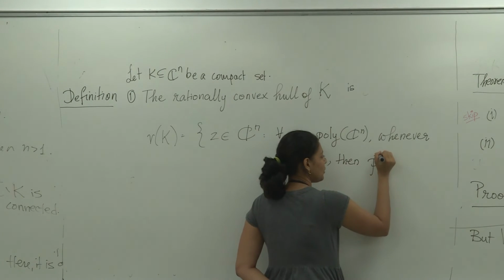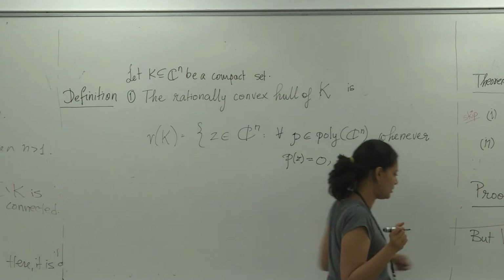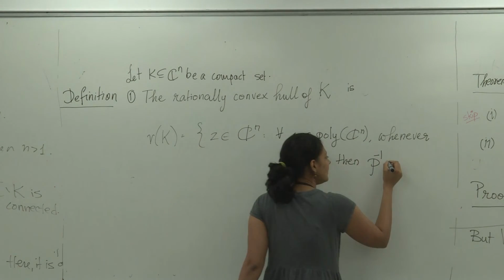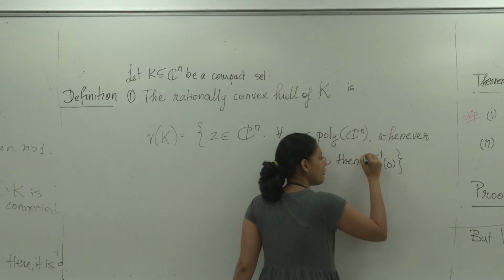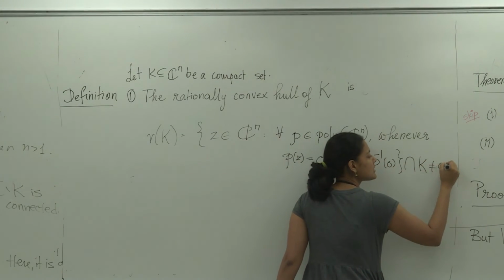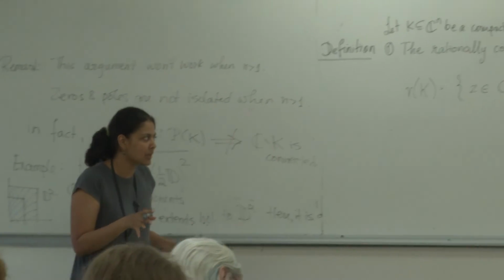P vanishes at this point Z, then P has to vanish somewhere on K. So this is maybe a little hard to digest, and I'm also not using the correct notation, so I'm looking at the zero set of P, and I'm saying that that must intersect this set. I'll sort of write this a little bit differently, and then I'll also explain it with pictures.